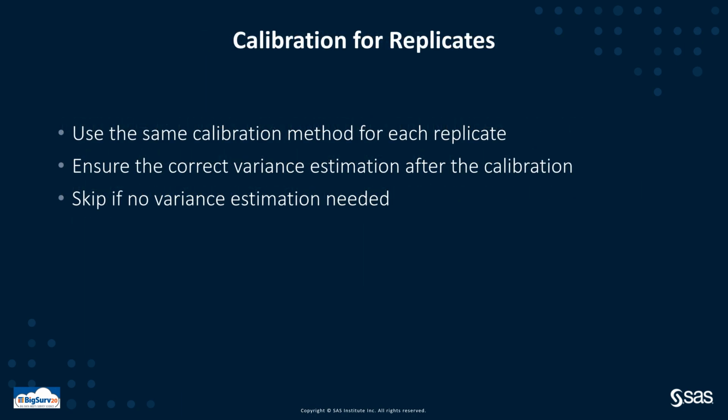To ensure the correct variance estimation after the calibration, you also need to use the same calibration method to calibrate replicate weights. If you provide your own replicate weights, the macro not only calibrates the full sample weights, but also calibrates the replication weights you provided.